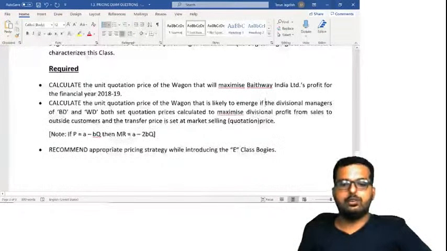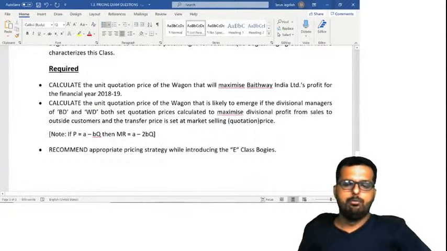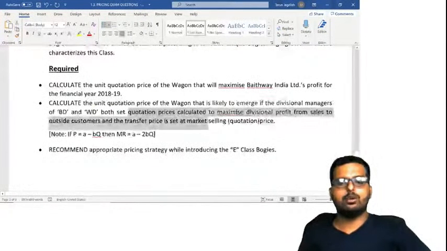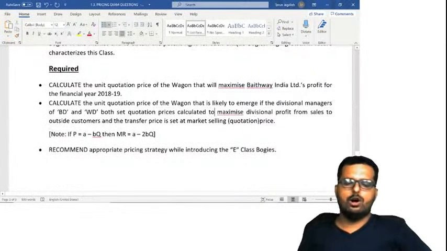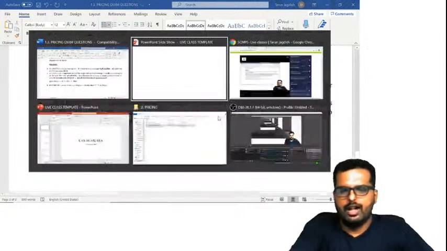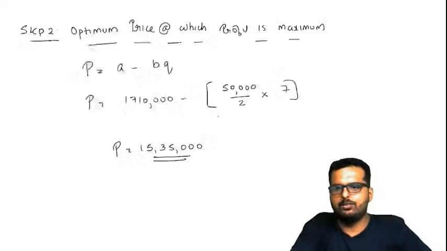They are saying to calculate the quotation price of the wagon if both divisions, BD and WD, set their quotation prices, to calculate the maximum divisional profit. We have already got the answer for WD, am I right? In the same way we now need to find the answer for the bogie division.